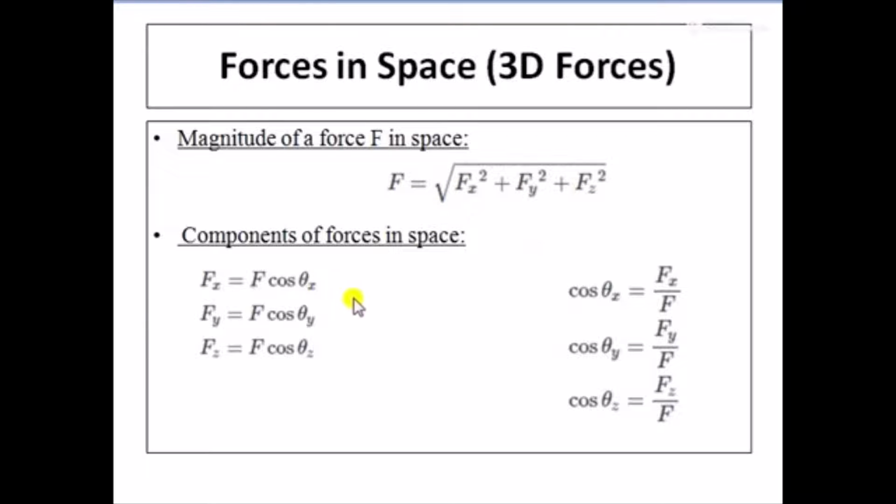Fx, Fy, Fz I've discussed before and also mentioned here in the PPT, that is F cos theta x, F cos theta y and F cos theta z for Fx, Fy and Fz respectively. So based on this, we can also obtain the value of cos theta x, cos theta y and cos theta z, and the angles of the force with respect to each of the axes can be determined.